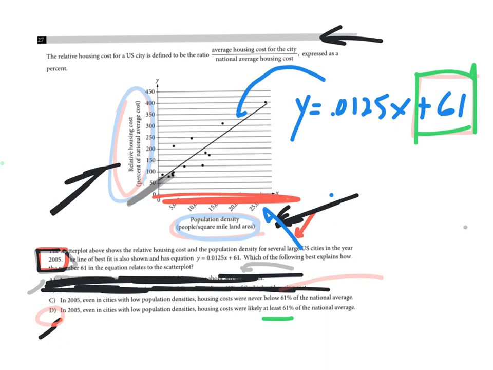If it was below 61%, you'd be dealing with scatterplot points down here that would have negative population densities. And that doesn't make any sense. Population density is the people per square mile. So I'm going to say letter D is the answer because even for cities that have low population densities, they're at least 61% of the national average.